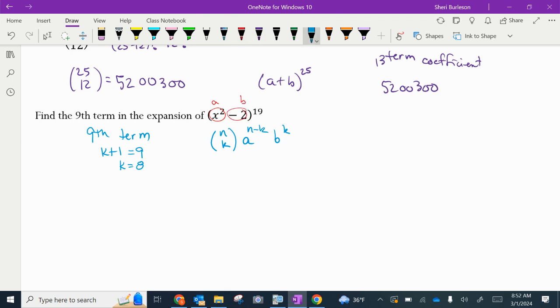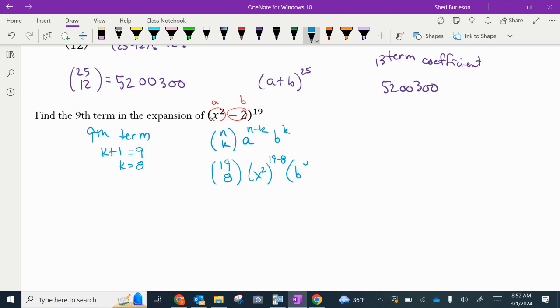So now I'm going to go 19, take an 8 at a time. My a was x squared, to the 19 minus 8. I'm going to actually substitute that in. Is there anyone in here that goes, I know 19 minus 8 is 11. Can I just write 11? Yeah.